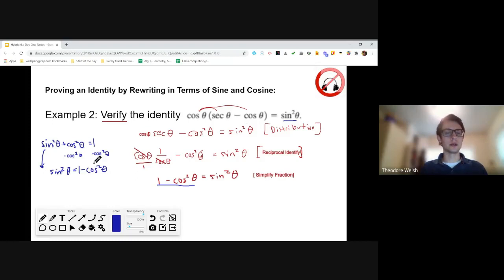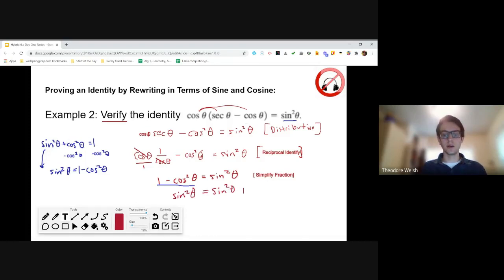So I can substitute sine squared of theta in for 1 minus cosine squared. So I have sine squared equals sine squared. What I just did was use a Pythagorean identity. That's my explanation, because that's what I used.